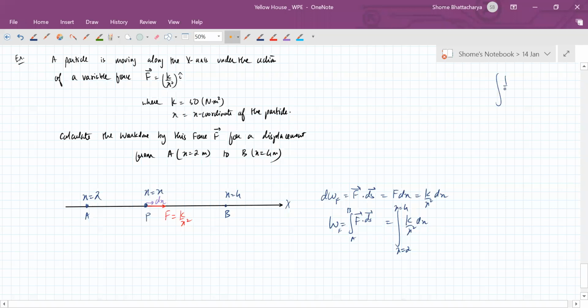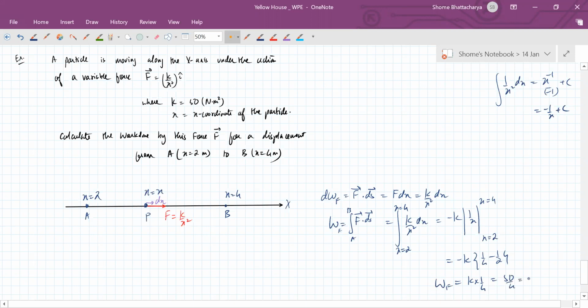Now you know that integration of dx by x square is this, so now you have to put the limits. Okay, so this becomes the work done.